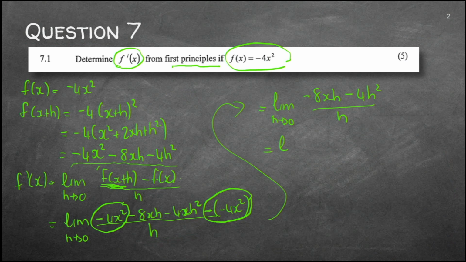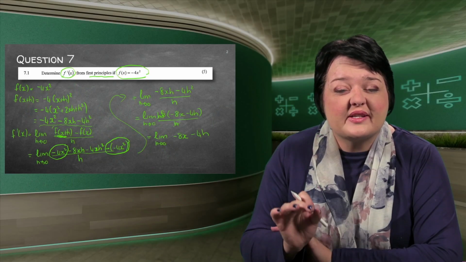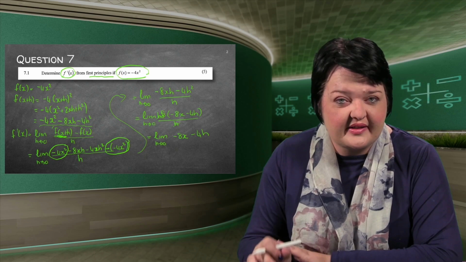Well, I can factorize. I can take out a common h, which means it's negative 8x minus 4h over h. The h divides by the h. Now I am left with the limit as h nears 0 of negative 8x minus 4h. Is there now anything preventing me from substituting h with a 0?